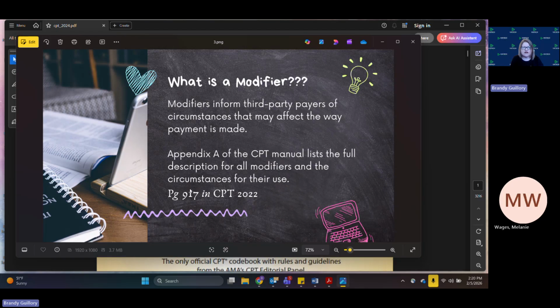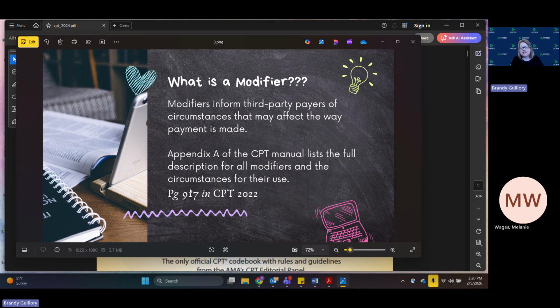I think a lot of y'all are thinking that you have to remember what each modifier means and you're trying to memorize the meanings. Please don't do that. Don't stress yourself out trying to do that. That's why they're in the book, so you don't have to. There's no way we can remember all of them. There's I think 30 to 50 altogether that we use for different things.